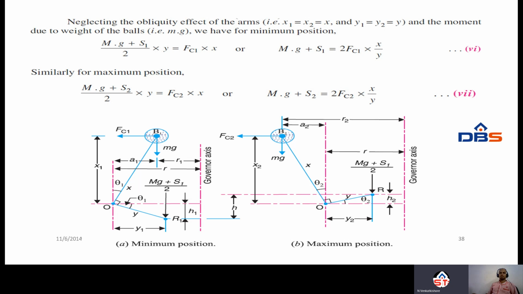Here also S2 minus S1 is equal to 2 into Fc2 minus Fc1 into x by y. Substituting in the formula, finally s is equal to 2 into Fc2 minus Fc1 by r2 minus r1 into x by y whole square. This is the final formula we have got.